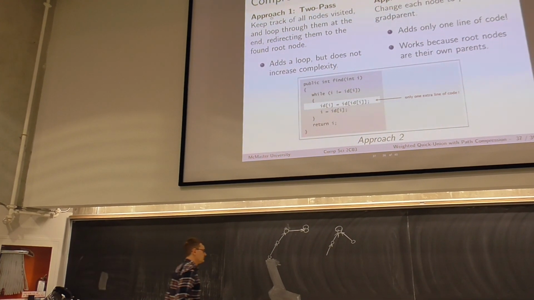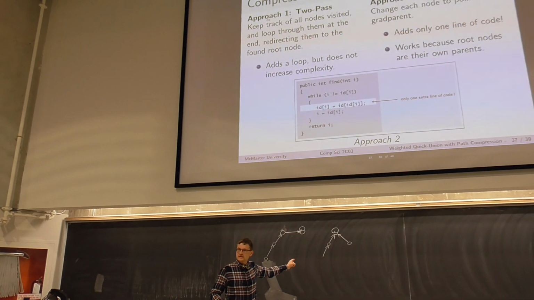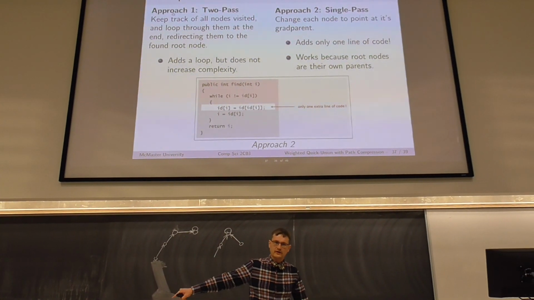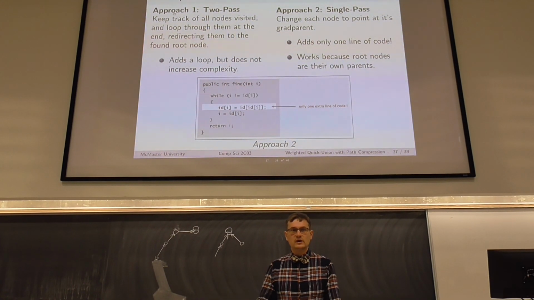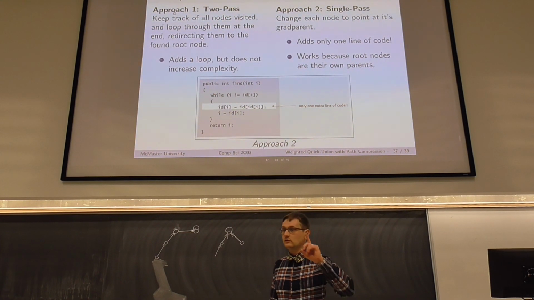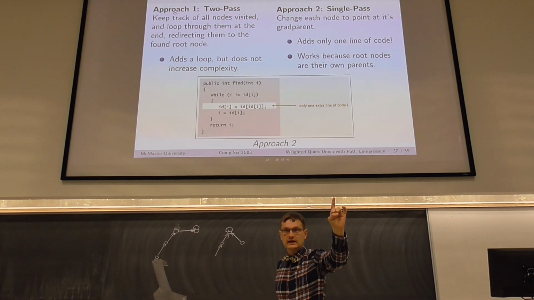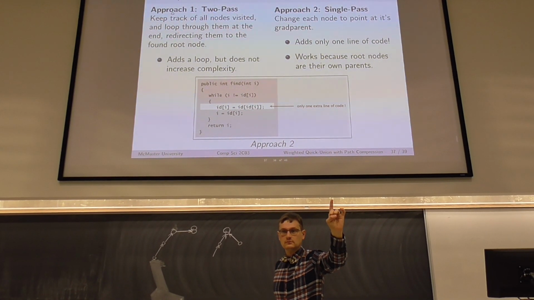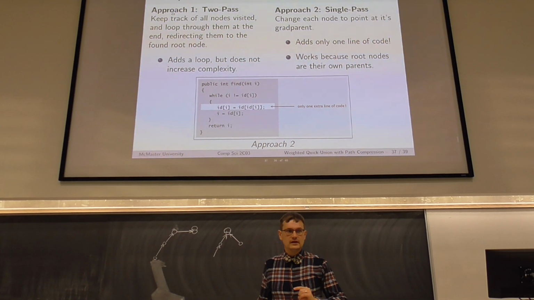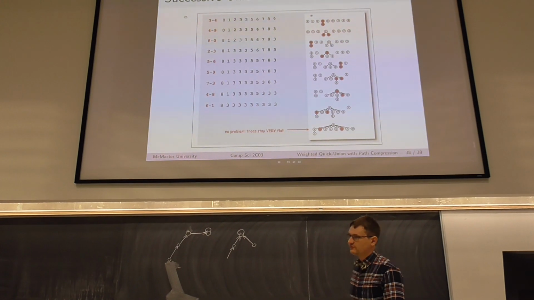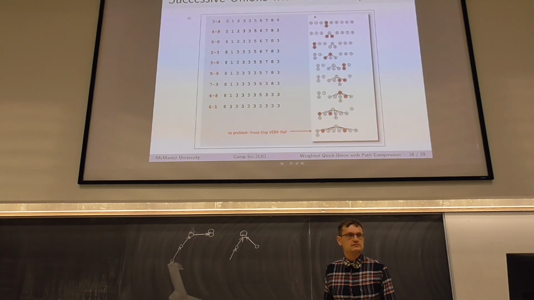If while you're tracing through the tree each node is made to point at its grandparent, it won't compress it all in one step, but it's only adding one line of code to the find algorithm. That maintains maximum flatness, and flatness is good. Any questions?